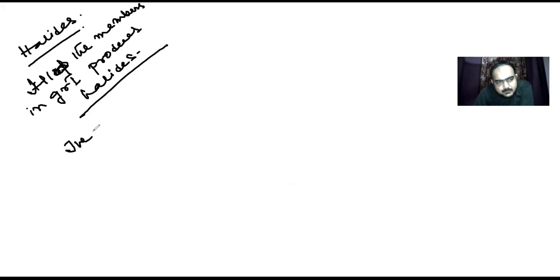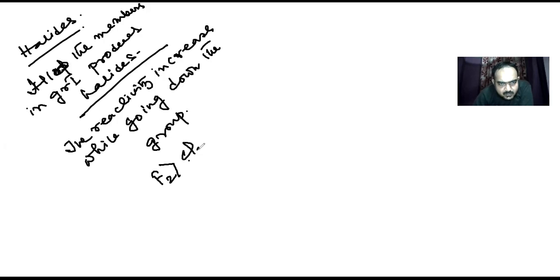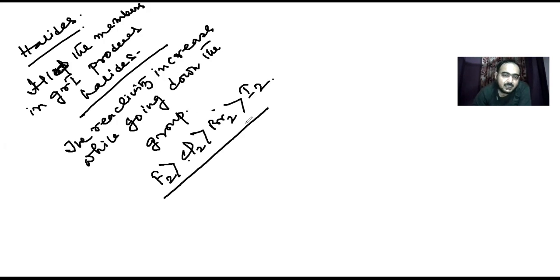The reactivity increases while going down the group, and you should remember the reactivity of fluorine is greater than chlorine, bromine, and iodine. And the tendency to form halides goes on increasing while going from top to bottom.